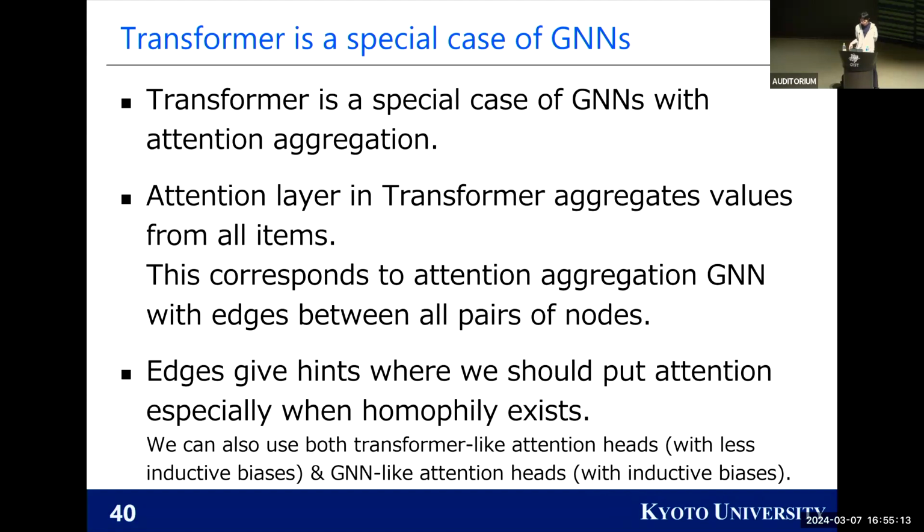So this is a special case of GNNs, and GNNs are more flexible. They can define any kind of graph structure. So we can say the same thing as on the previous slide, where I said GNNs are more general than standard neural networks.